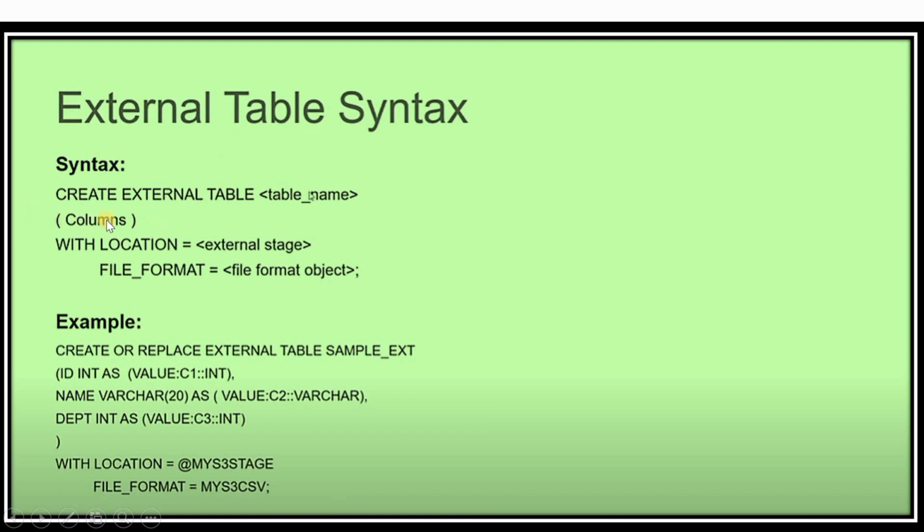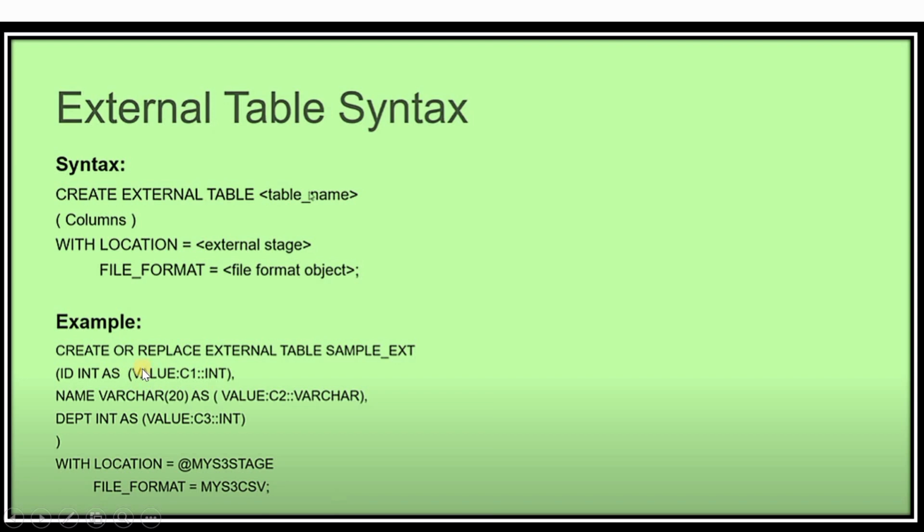We will understand the columns better when we create an external table in the practical session. Here you can see, as I am saying: create or replace external table, this is the table name, and suppose here is column id. Id is an integer. Let's take an example of a .csv file only.